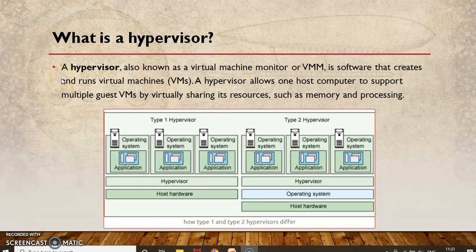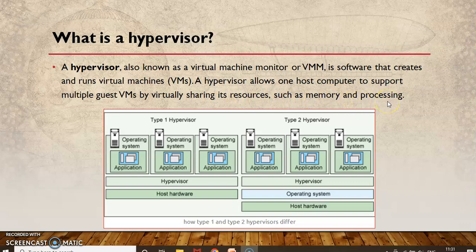There is a concept called hypervisor, a little bit technical, but just to understand, there is a component called hypervisor. A hypervisor, also known as virtual machine monitor, is software that creates and runs virtual machines. A hypervisor allows one host computer to support multiple VMs by virtually sharing resources such as memory or processing.